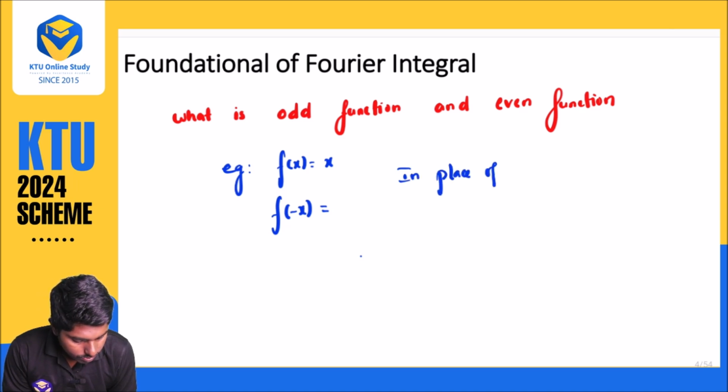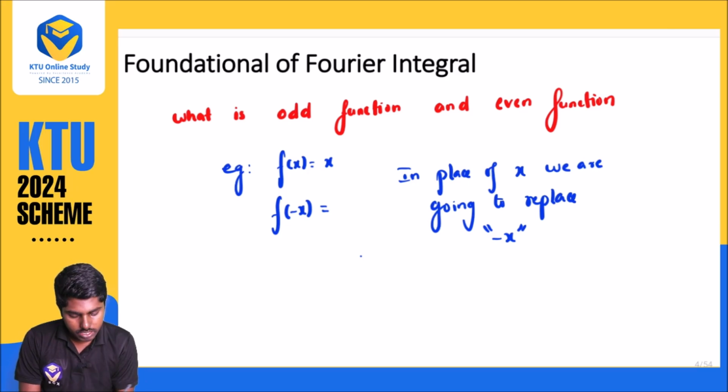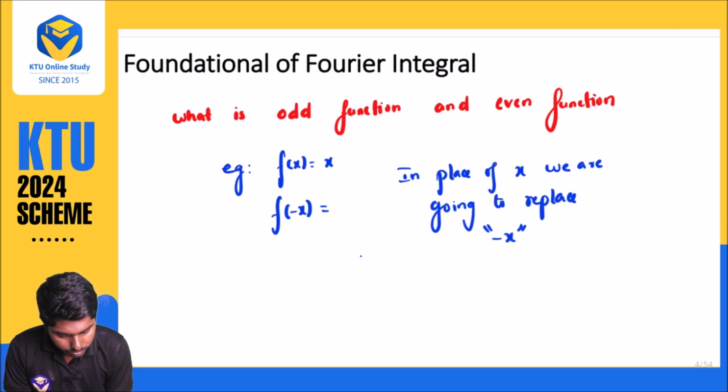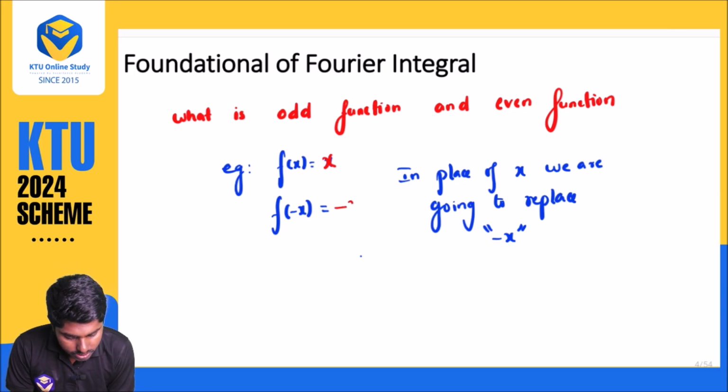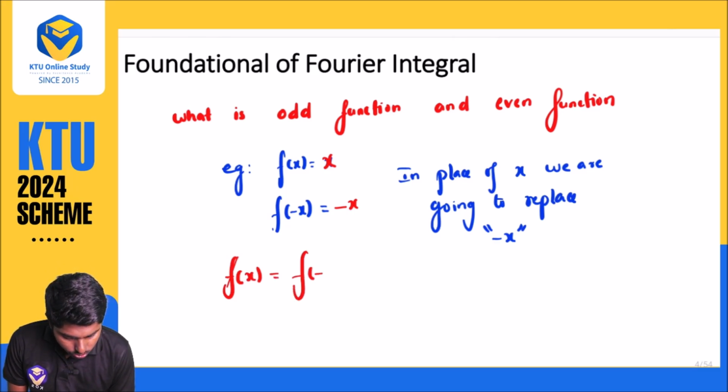In place of x, we are going to replace minus x. So f of x equals x means f of minus x becomes minus x. So from here we can say f of x is not equal to f of minus x.